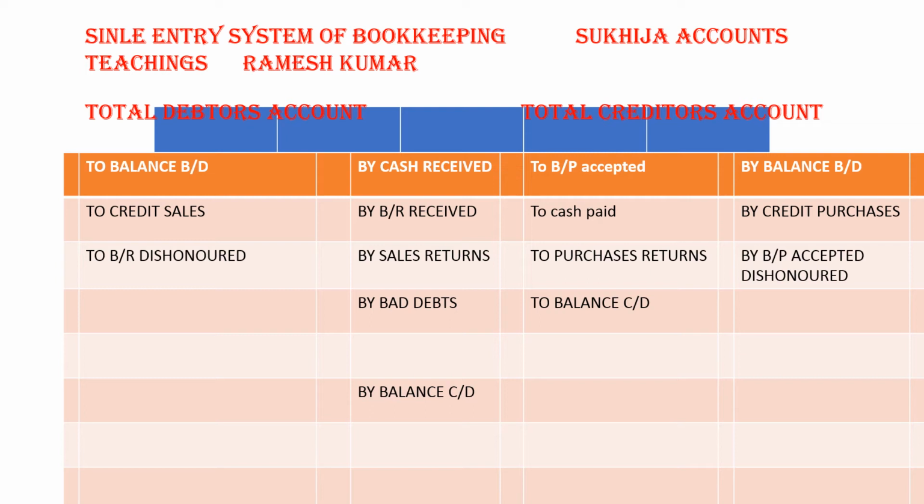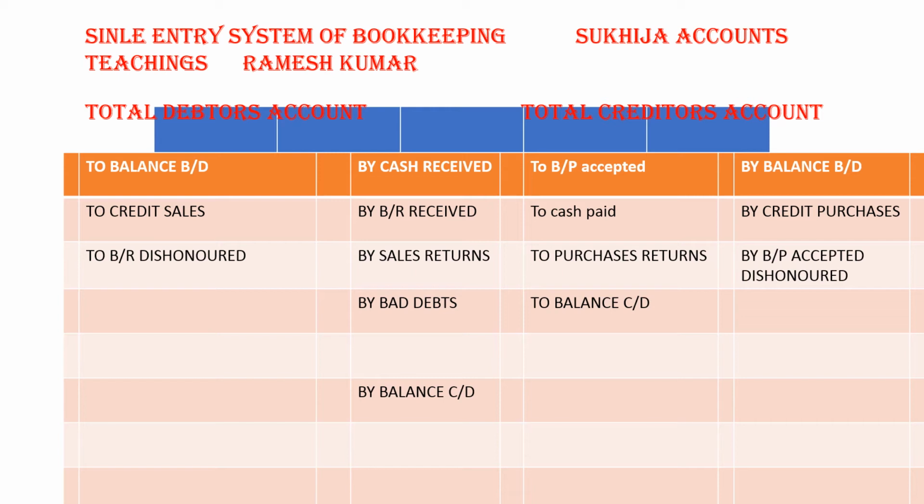To opening capital, we add net profit, we add interest on capital, and we subtract drawings. Then we can have the closing debtors, by balance CD, which we need for closing balance sheet.